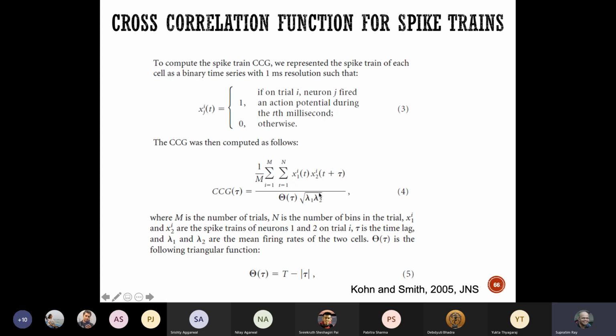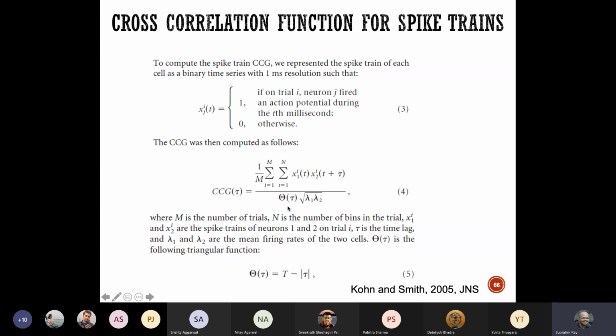In this paper, they discuss why they use this form of normalization. There are other forms also, but here we stick to this. And this is the other factor that accounts for the finiteness. So this T minus tau is a triangular function. When tau is more than T, this is 0. Otherwise, when lag is 0, you are dividing by a bigger number, because there you have maximum overlap.